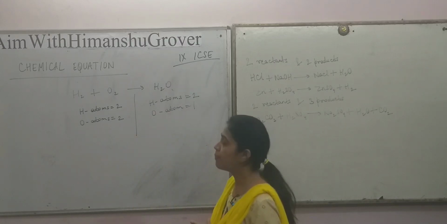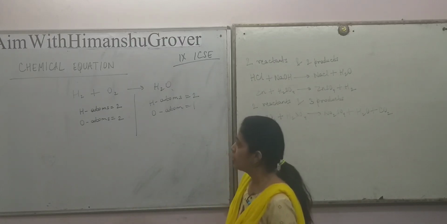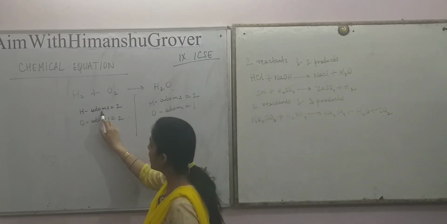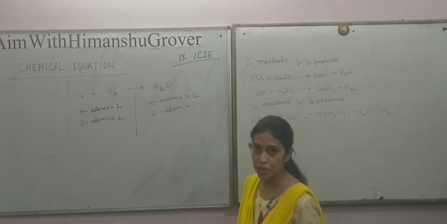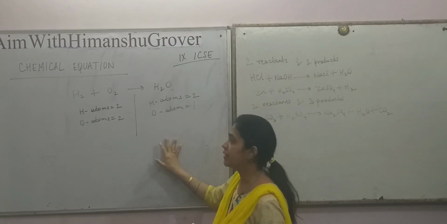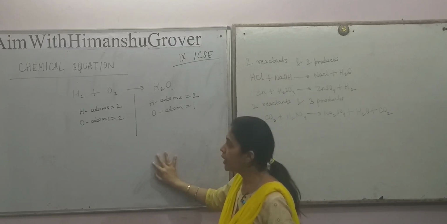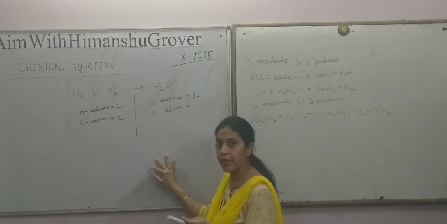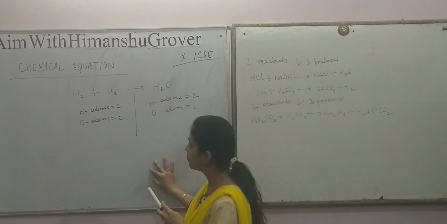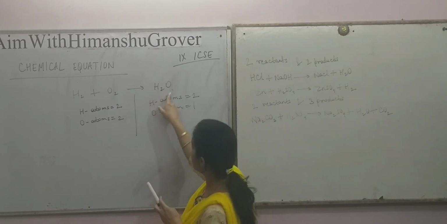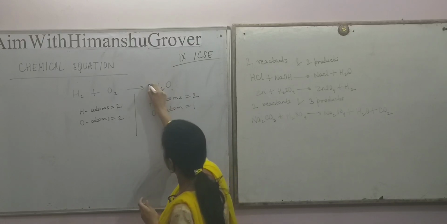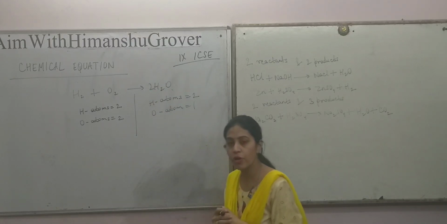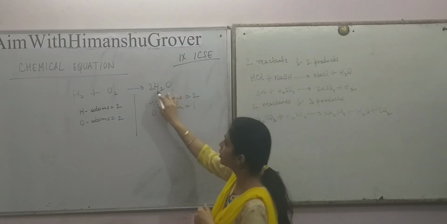So here hydrogen atoms are already balanced on both sides of the equation, but the oxygen atom is unbalanced. To make the oxygen atom equal on both the sides, we must write 2 before H2O.